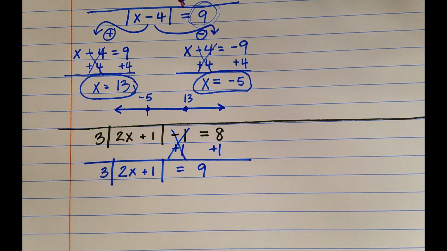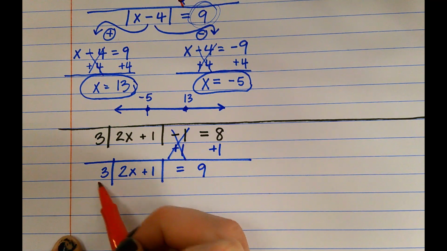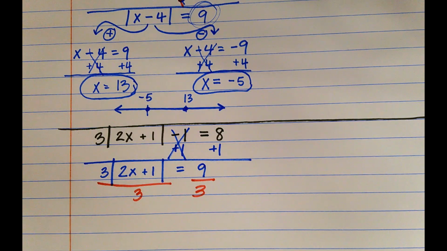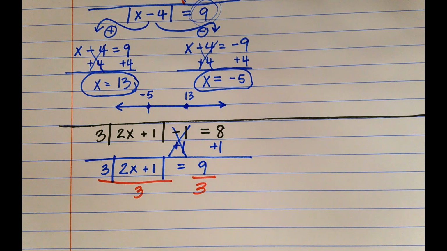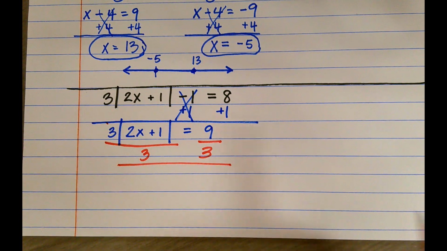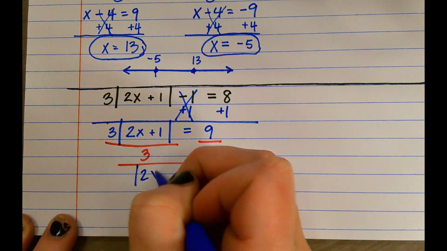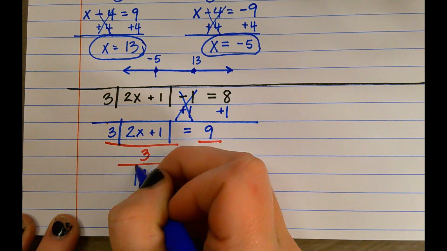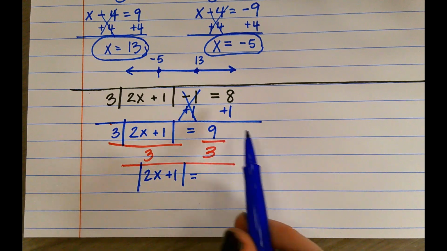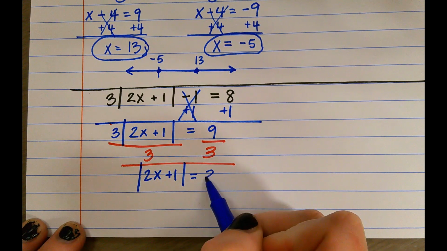So to get rid of 3 times, we divide by 3. Once I've divided by 3, what comes down? My absolute value of 2x plus 1 equals 3.